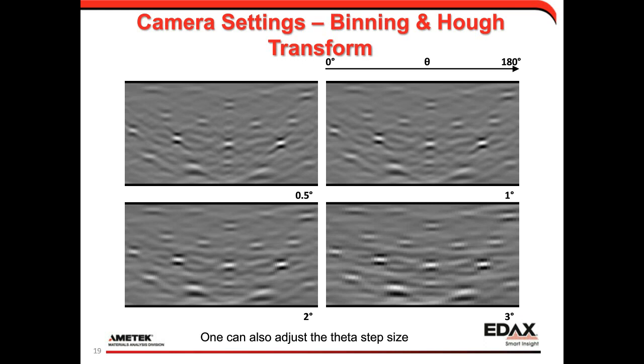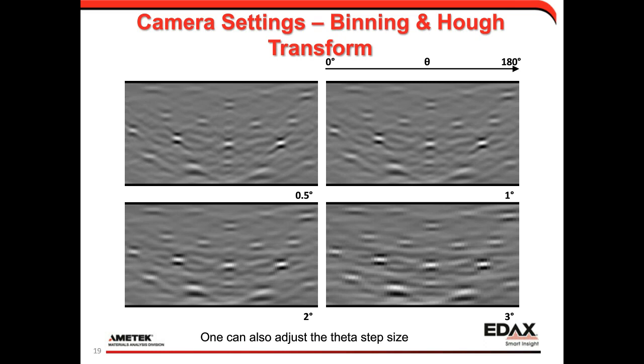If I go down to 0.5 on the Hough theta step, this means I'm essentially adding a lot of computational time, while at 3 degrees, I'm lowering the amount of pixels I have to cover in Hough space, which means that I can move on quicker. Basically, I can take my pattern, do my computational work, and go on. So this is what the Hough does.